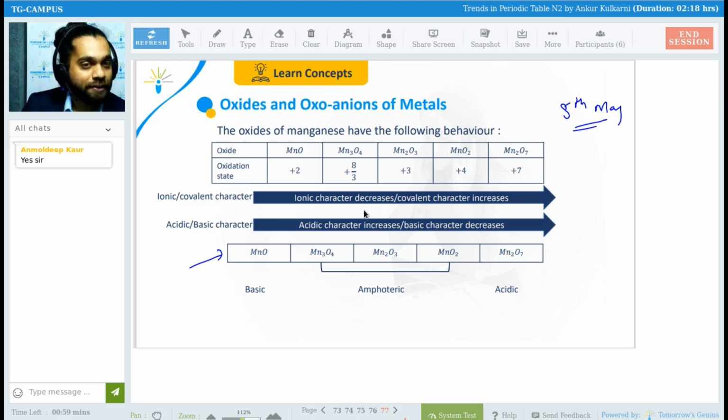So if you become good in chemistry, you can teach and you will have lots of students. If you are thinking to make a career in teaching, chemistry is the best subject. Physics is difficult. Biology is only for the NEET. But if you are good in chemistry, you will teach in JEE also, NEET also. Win-win situation. So if you are thinking of becoming a teacher, you know what you have to choose. Let us go ahead.